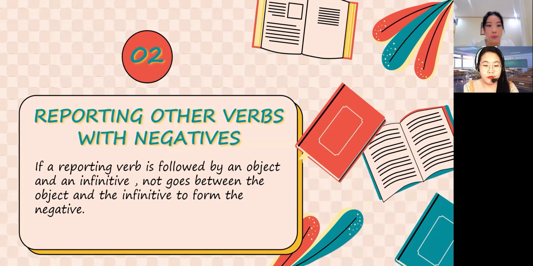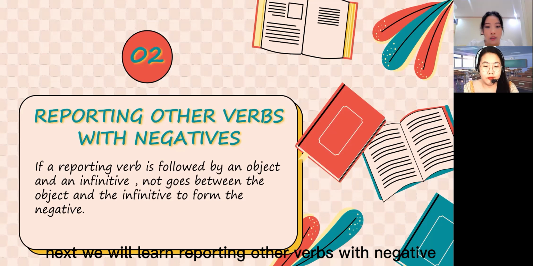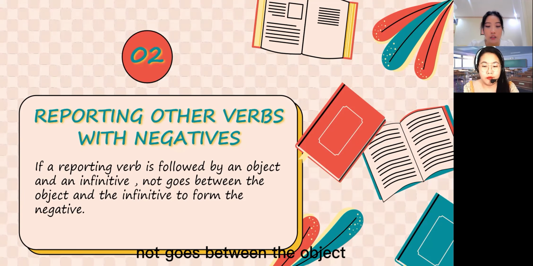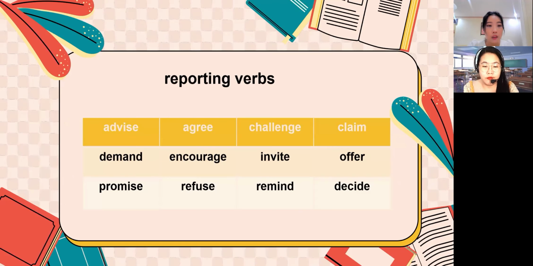Okay, next. Next, we will learn reporting other verbs with negatives. If a report verb is followed by an object and infinitive, not goes between the object and the infinitive to form the negative.